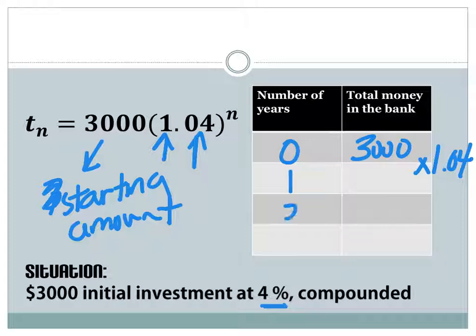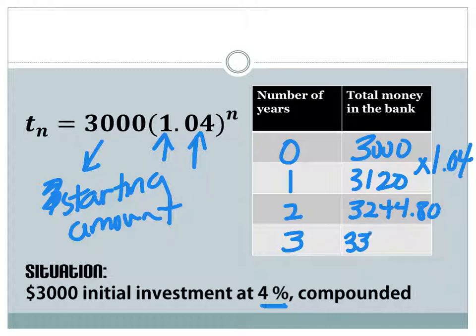So after the first year, second year, and third year, I have 3,000 times 1.04, which gives me 3,120, and times 1.04 again, and I have 3244.8, which in money is 80 cents. One more time, I get 3374.592, and I've got to think about what that means in terms of money.